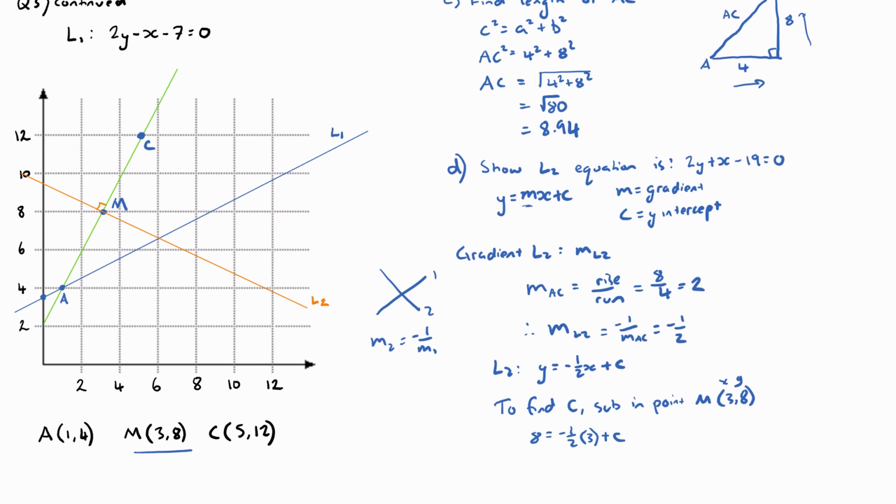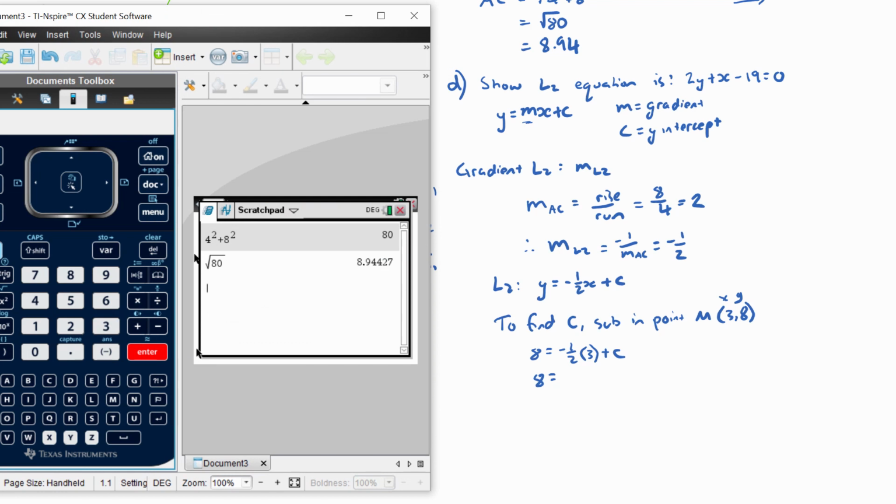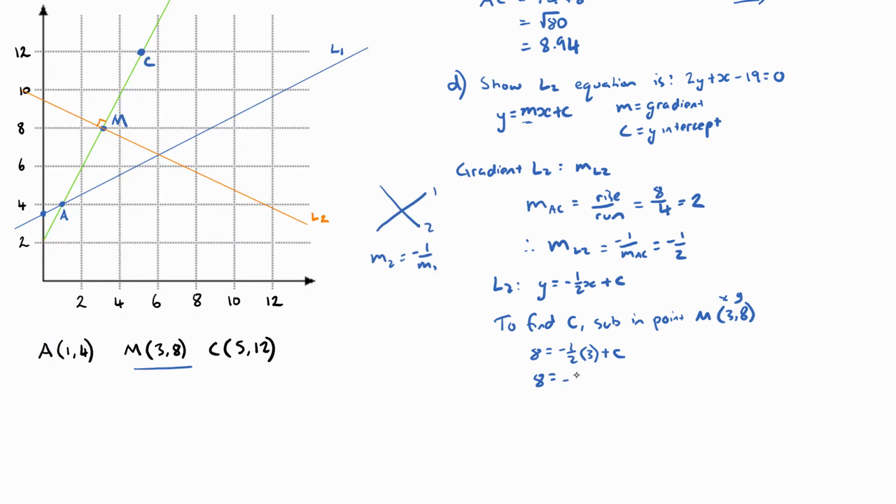I'm just going to move this up to give us some more room. 8 is equal to, now minus a half times 3 is minus 1.5. I'll just show you that here. So minus a half times 3 is equal to minus 1.5, which could also be written as minus 3 on 2, but I think it's going to be easier if we keep this as a decimal. So 8 is equal to minus 1.5 plus c.